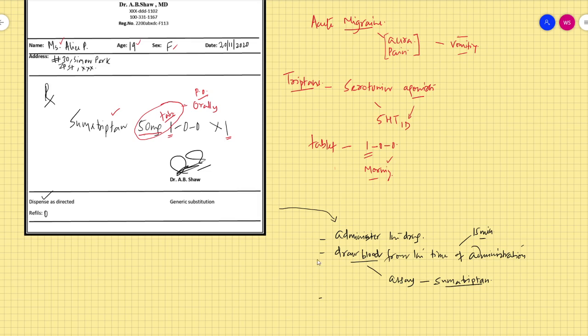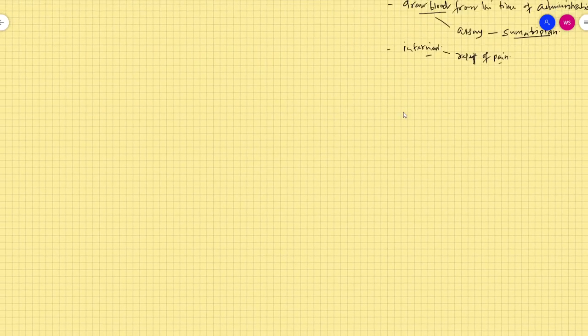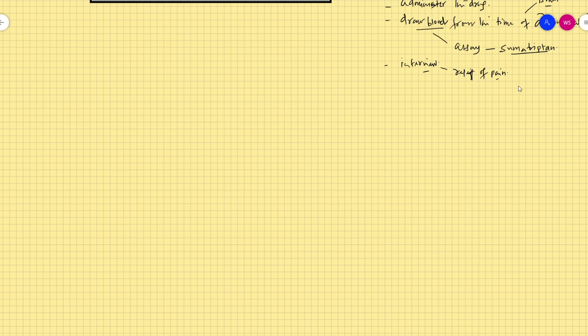At the same time, we're going to interview this patient with regards to the relief of pain. And the data that we obtain, we're going to put it into a graph. What we're going to plot is time. We're going to draw blood every half an hour, so let's mark that.